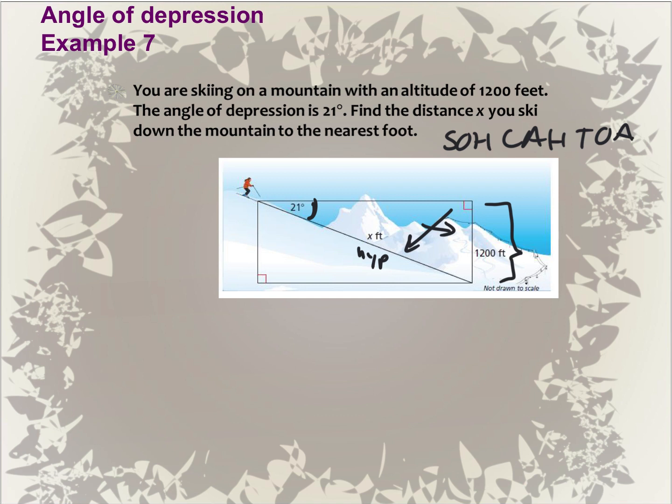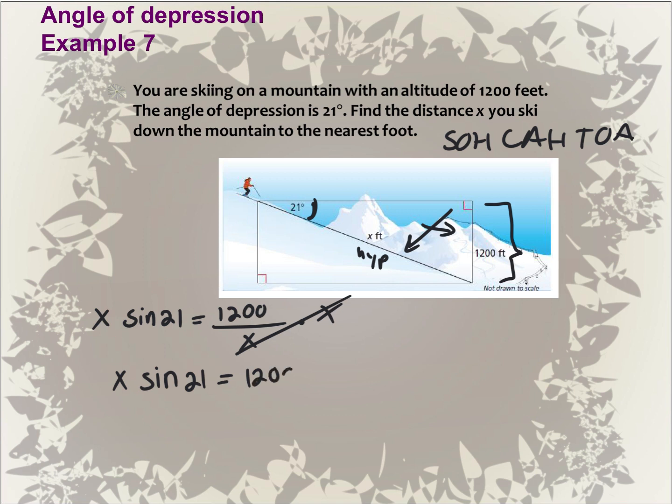So I'm going to go ahead and do sine 21 equals opposite, so 1,200 over hypotenuse, which is x. Now, you can move this around like a normal equation, so I'm going to multiply by x on both sides. So that's going to give me x sine 21 equals 1,200.